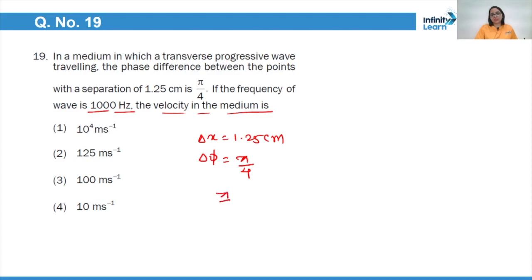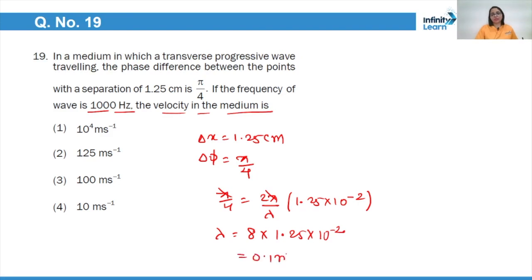So phase difference is equal to 2 pi by lambda into path difference, which is 1.25 into 10 power minus 2 meter. So pi cancels, so lambda will be 8 into 1.25 into 10 power minus 2, which is equal to 0.1 meter. So velocity is lambda into frequency. Lambda is 0.1, frequency is 1,000, so it will be 100 meter per second, which is option 3.